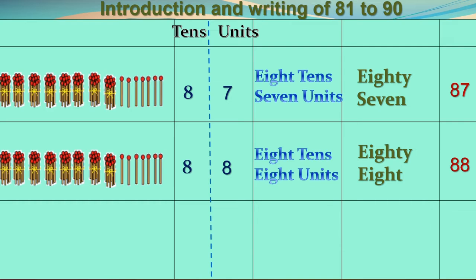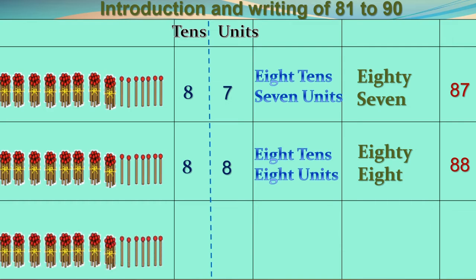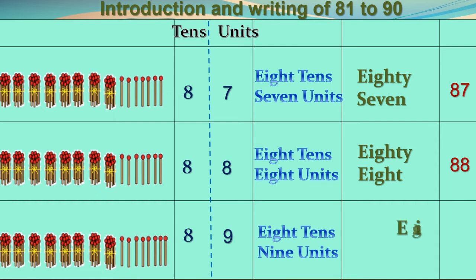Dear children, here we are going to add one more to 88. See here. So we got 8 tens and 9 singles. That is nothing but 8 tens and 9 units. The number formed is 89. 80 and 9. Right? Yes.